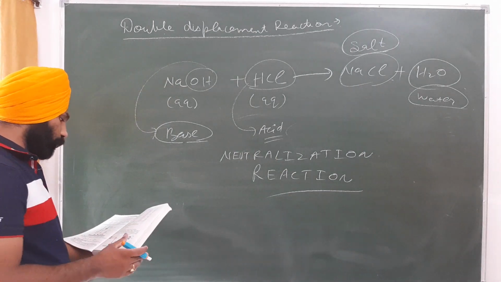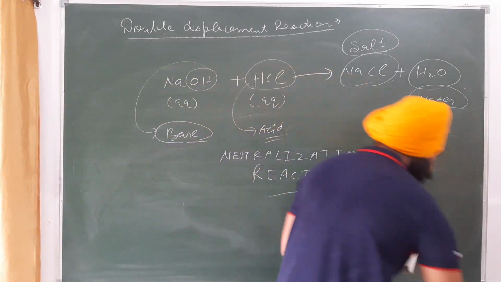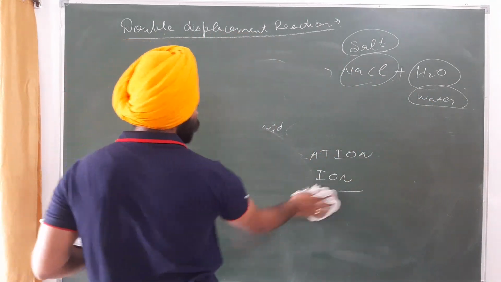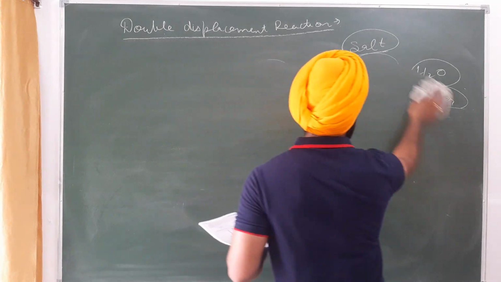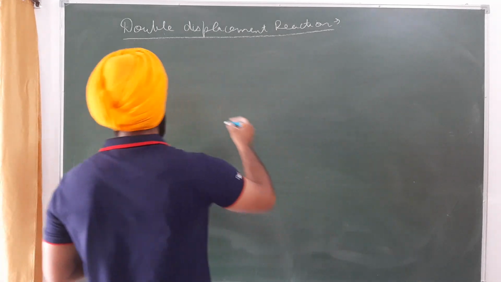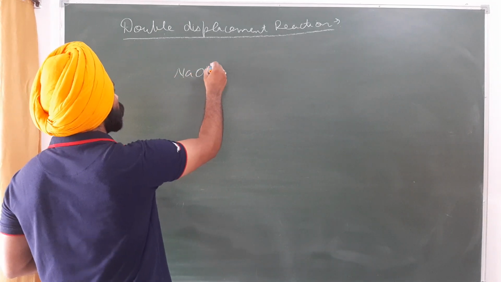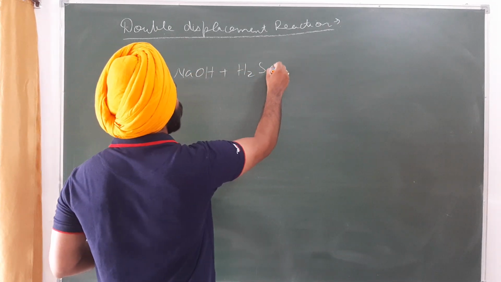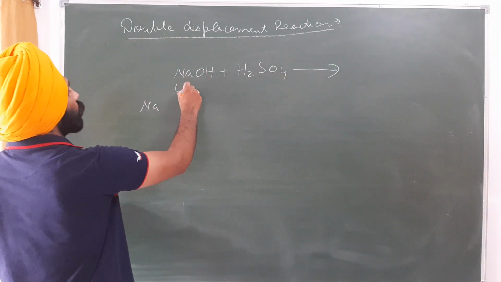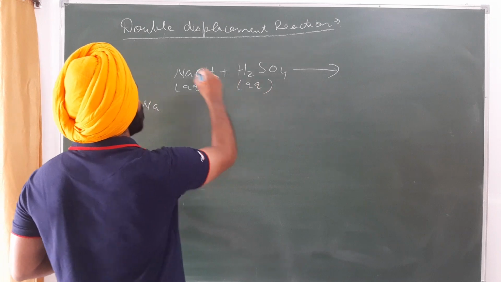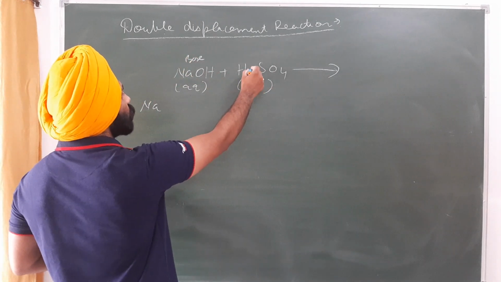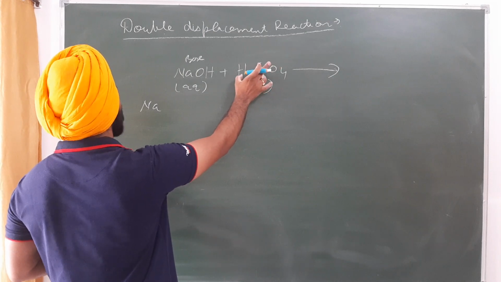Another example of neutralization reactions is NaOH plus H2SO4. Same phenomenon. Na is aqueous, and this is aqueous, this is the base, sodium hydroxide, and this is the acid, sulfuric acid.